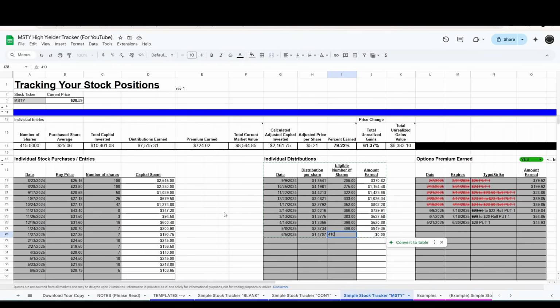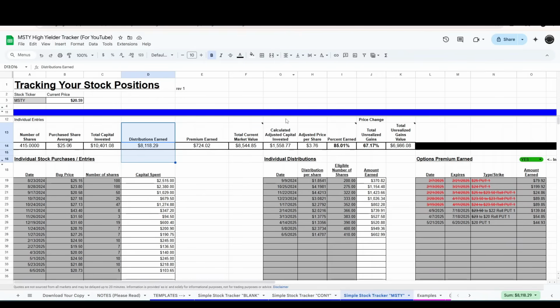So I enter in the 410 here. Now once I hit enter, it will calculate and give me the amount of that distribution and how much that will be. We hit enter here and we get $602.99. And as you can see, it also increased my distribution earned up here to $8,118.29.